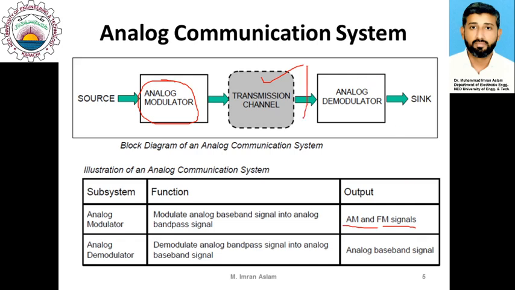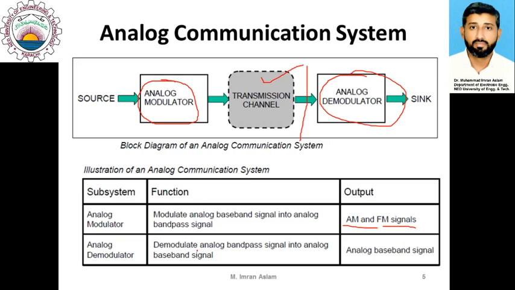When the signal is received at the receiver side, we use an analog demodulator, which reconstructs or recovers the baseband signal from the received signal. In other words, this demodulator removes the high frequency carrier so that the signal is recovered to its original form of a baseband signal.